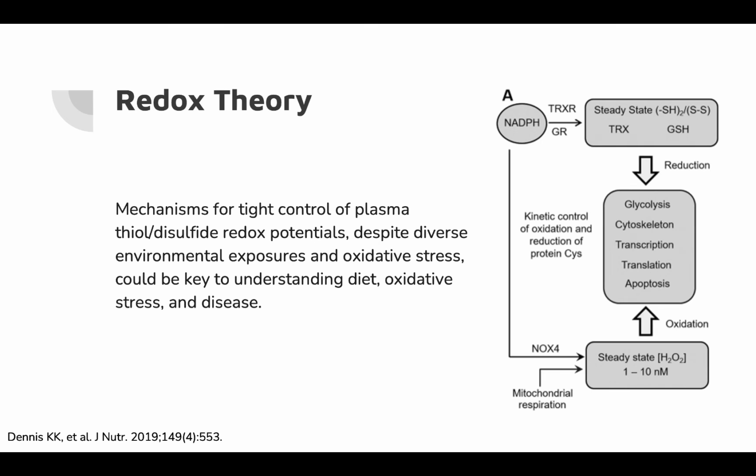And these create this intricate balance which ultimately controls glycolysis, how our cytoskeleton functions, how transcription of gene base pairs occur, how we translate RNA into a protein, and even how cells undergo apoptosis.